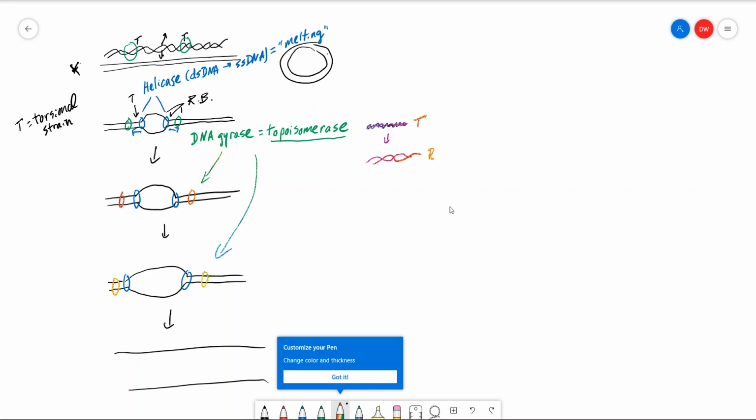That's a complicated branch of mathematics that we don't need to go into, but the topology of the DNA molecule has changed in going from this torsional strain to the more relaxed one. And I'm not sure why my pen color keeps changing here. I'm probably bumping something. Anyways, the topological features are changing, and that's why this is called a topoisomerase.